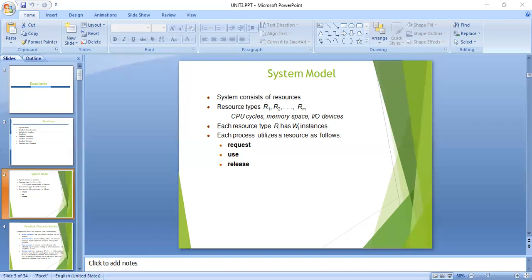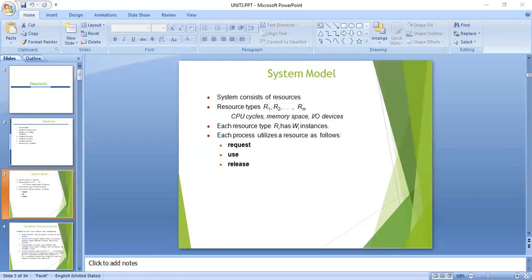I hope you all understood. This is nothing but the system model. During the system model, sometimes the deadlock might happen. If different processes try to access the same resource, then the deadlock will happen. Next we'll see the characteristics, or how to characterize the deadlocks.